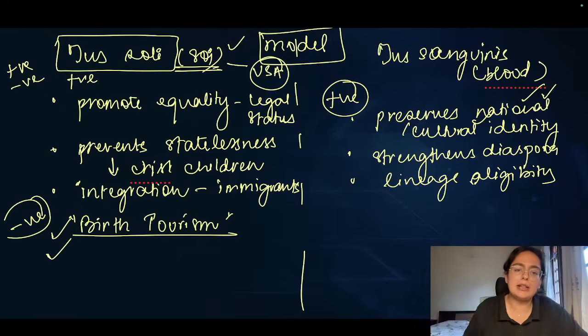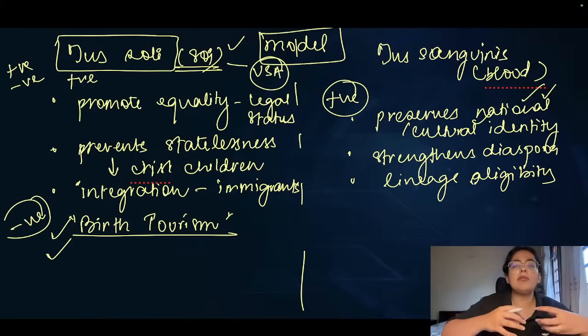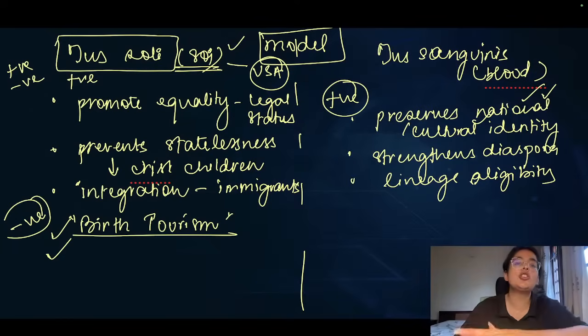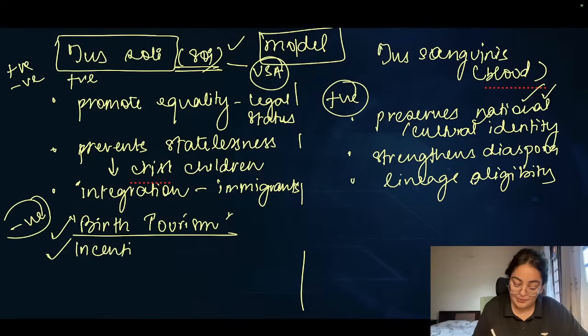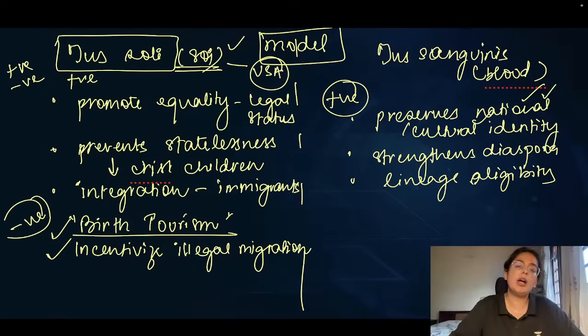Because of this incentive that all you need to do is enter America, and then even if your child is born and you are illegal immigrants, it does not matter, at least your child is secured. This will also in a wrong manner incentivize illegal immigration, something that apparently President Trump has said the US is battling.